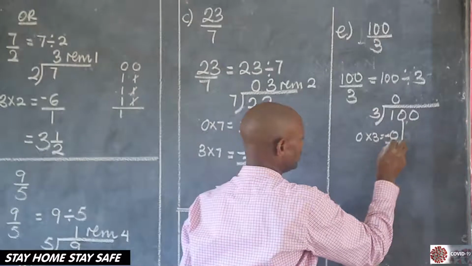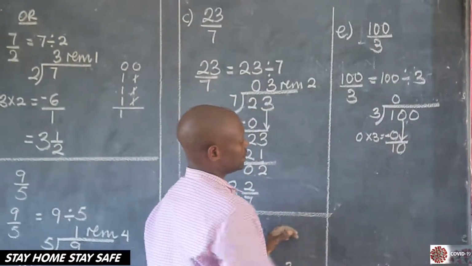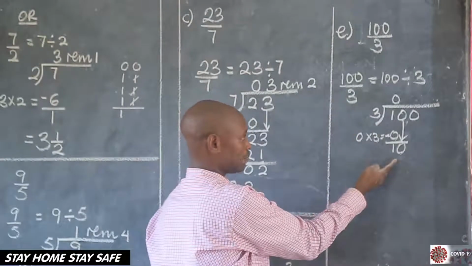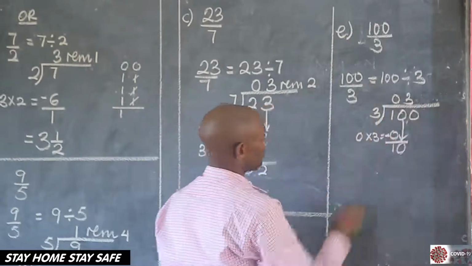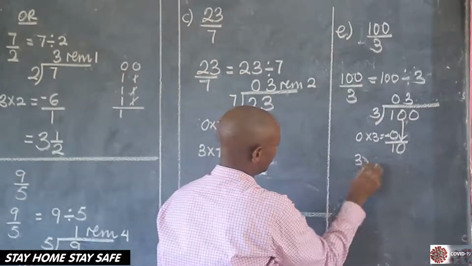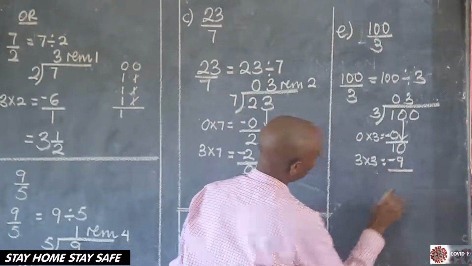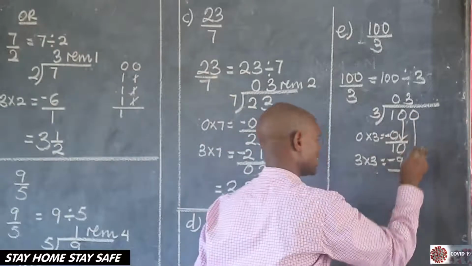We drop down this 0, and it is now 10. 10 divided by 3, how many groups of 3 can I get from 10? Very good. They are 3. 3 times 3, we are going to get 9. When you subtract, you get 1. You drop down the last 0.